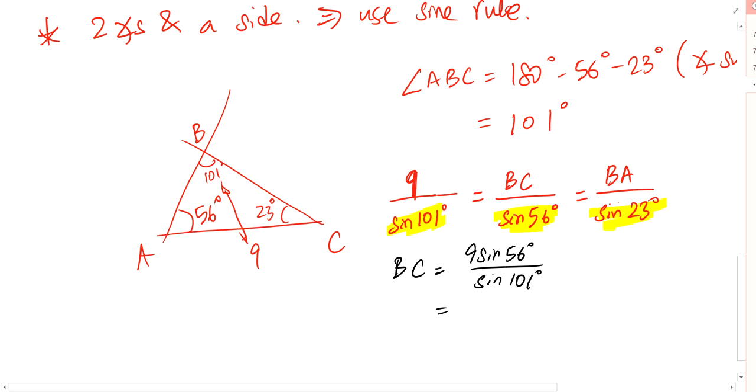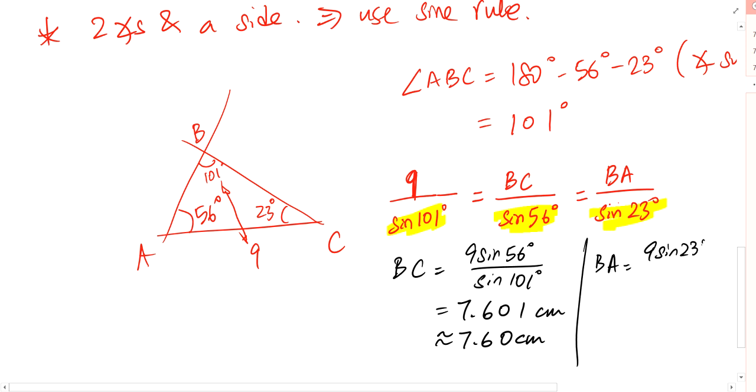Who was shouting out the answer just now? Racy, how much is it? 7.601 cm. Round off to 7.60 cm. So that's BC. So what is BA?